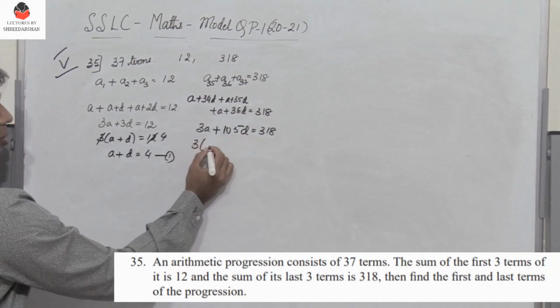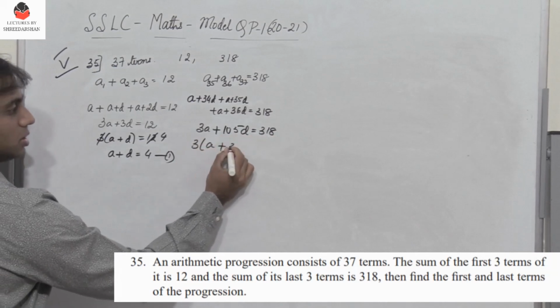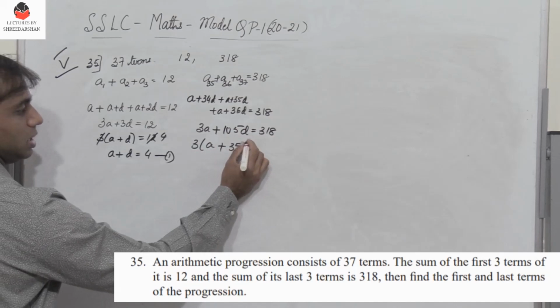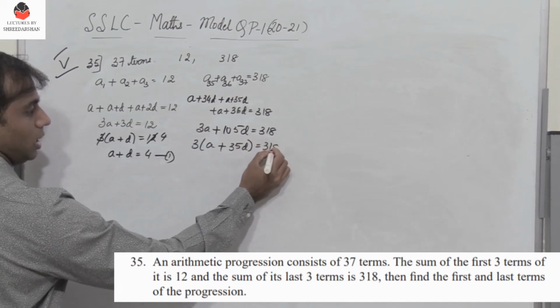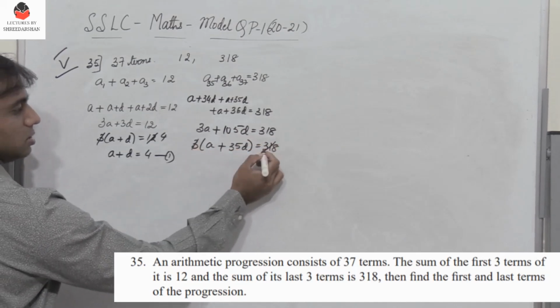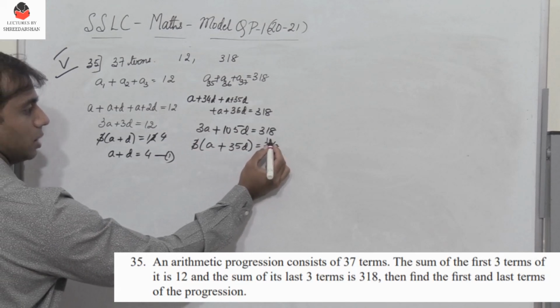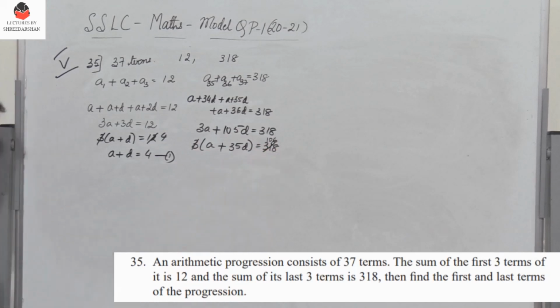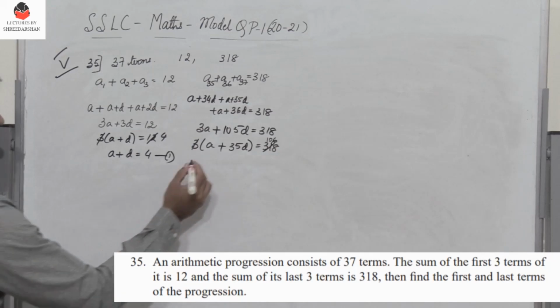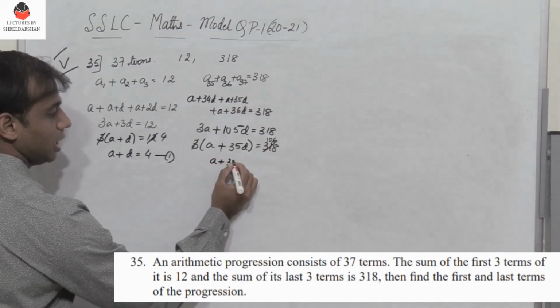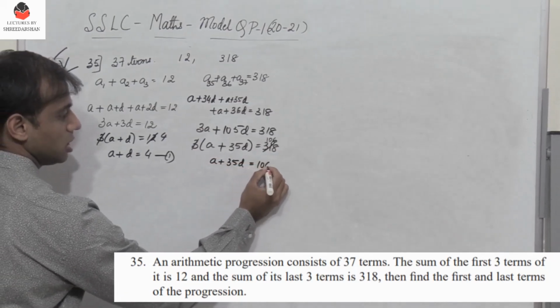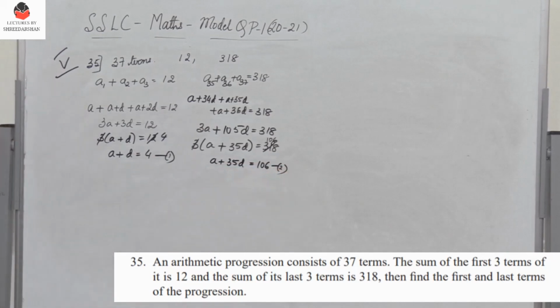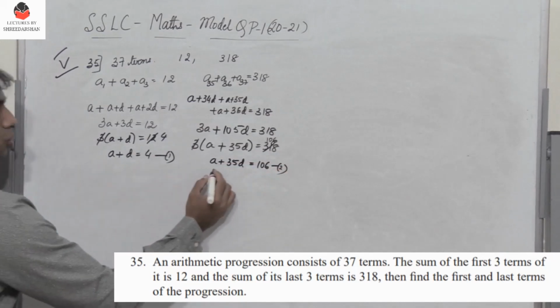Again I can take 3 common, I get a plus 35d equals 318 divided by 3. So I can cancel, and this becomes 106. So I have a plus 35d equals 106. This is equation 2.